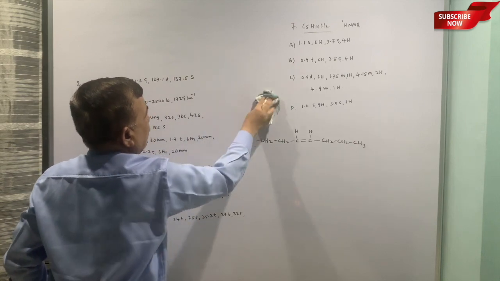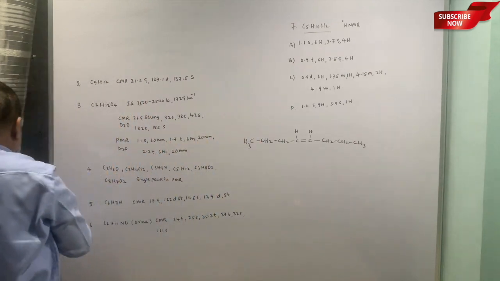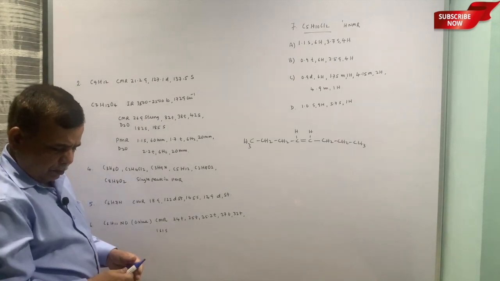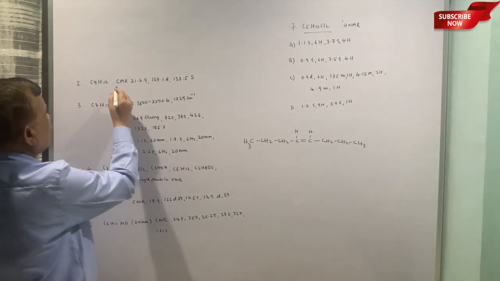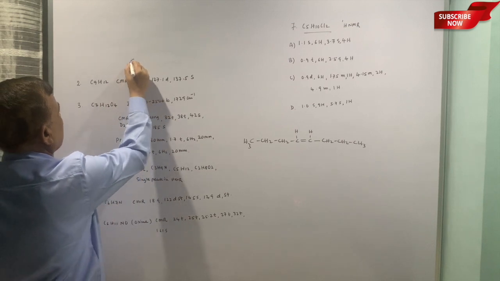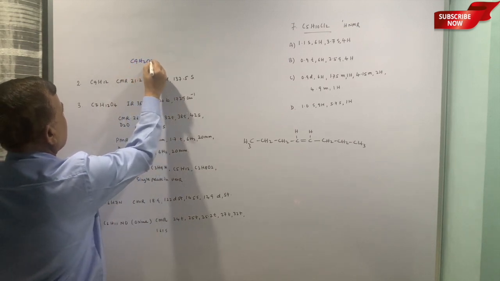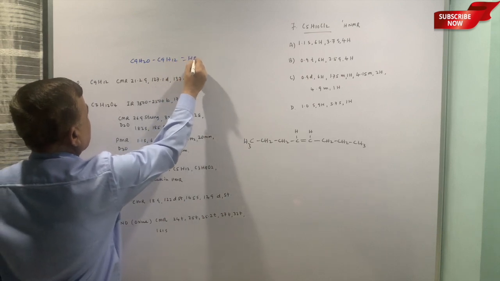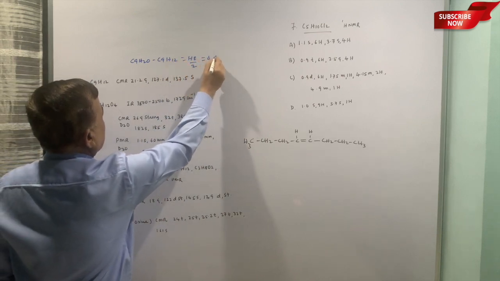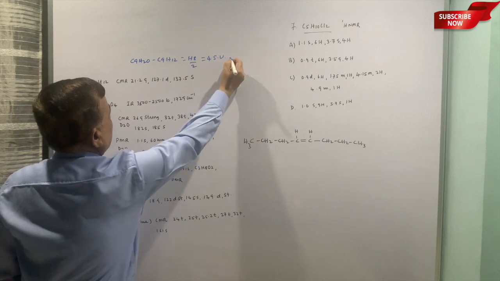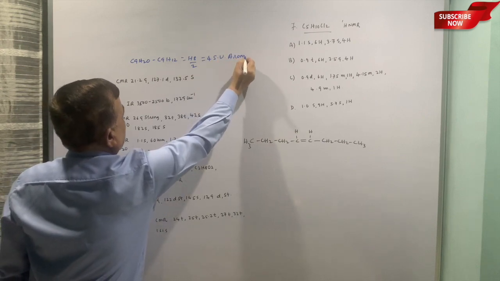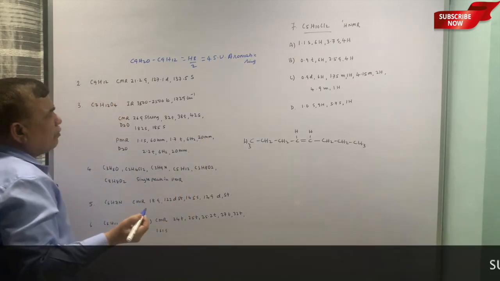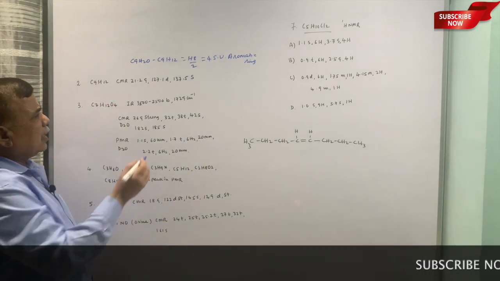Okay. Now moving on to the next example, C9H12. C9H20 minus C9H12, 8 hydrogens are missing, so 4 sites of unsaturation, so it can be an aromatic ring. You can predict the aromatic ring if 4 sites of unsaturation are there.